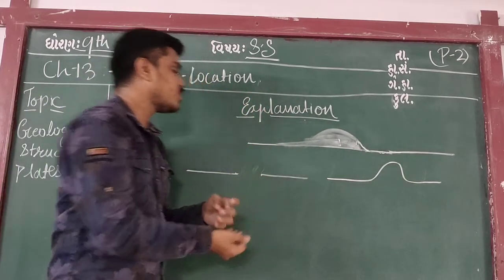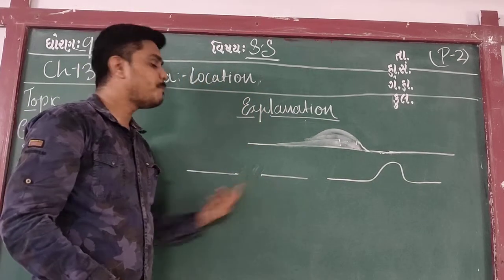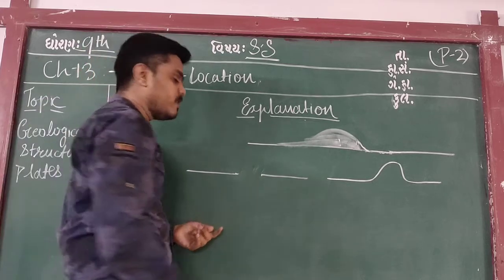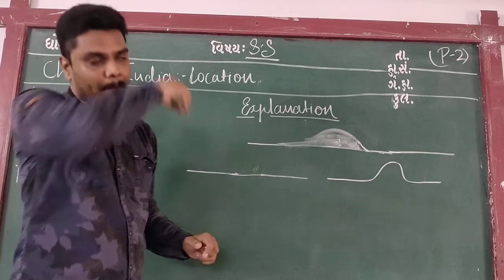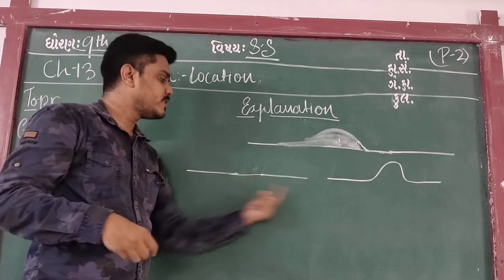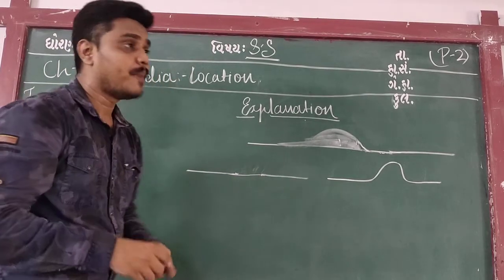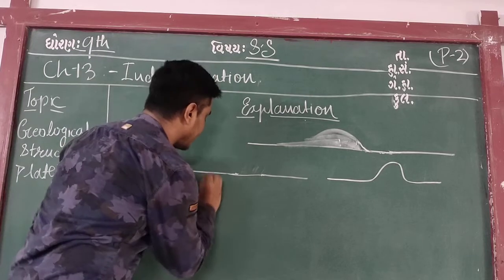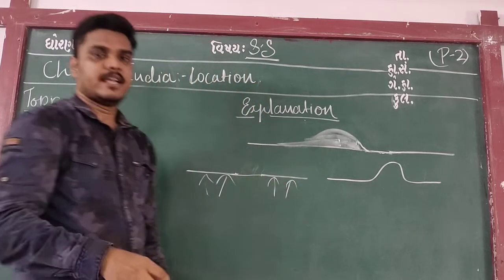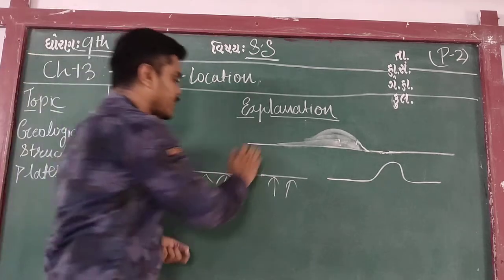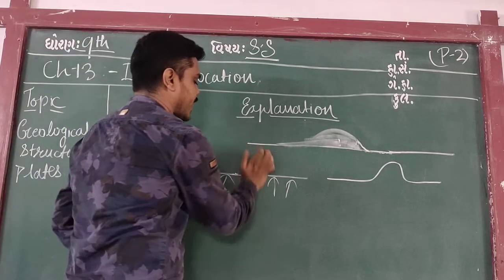See, suppose there are two plates and both are one plate. They look like a single plate, but because of some internal or upward pressure, they get separated and become two divergent plates.